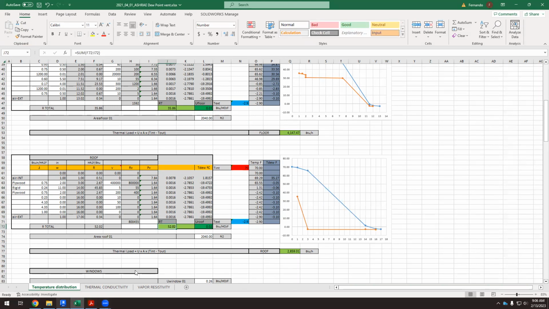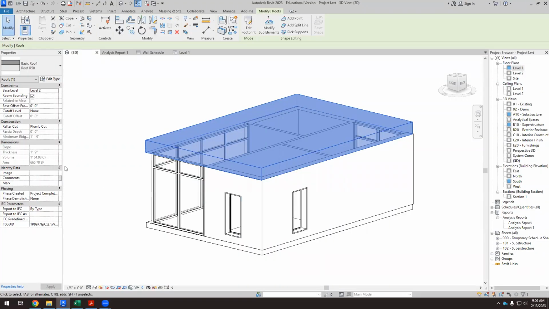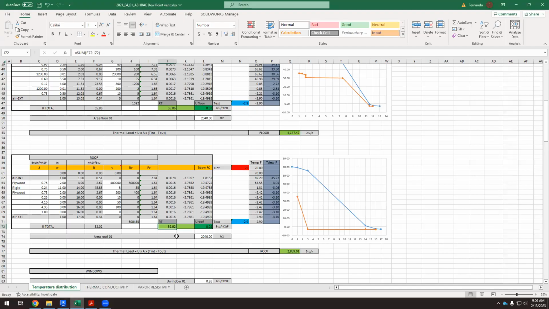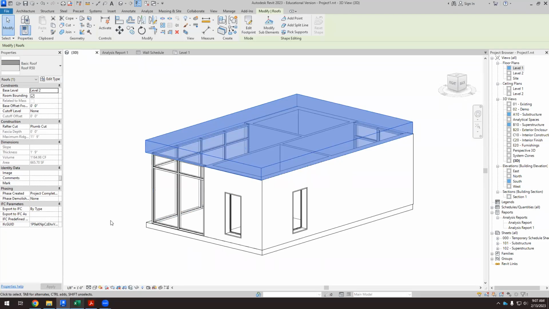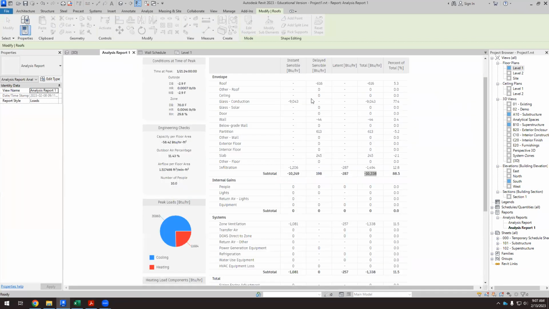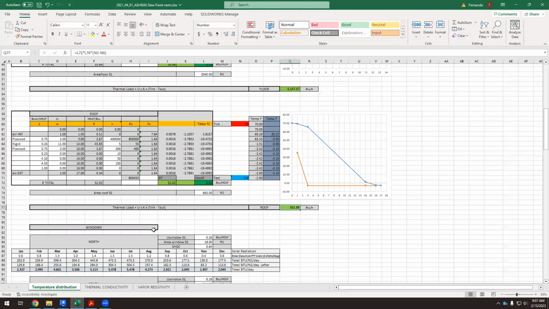What's the area of the roof? I can check it here. If I select the roof, the area is 665. So I'm going to type here 665. And now we have 9,900 through the roof. In this Revit report, the roof, it's 600. In my case, it's 900. Okay, so those are similar values.